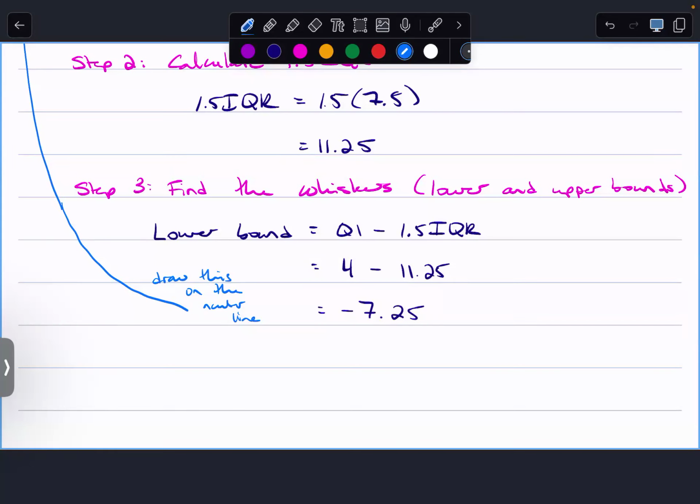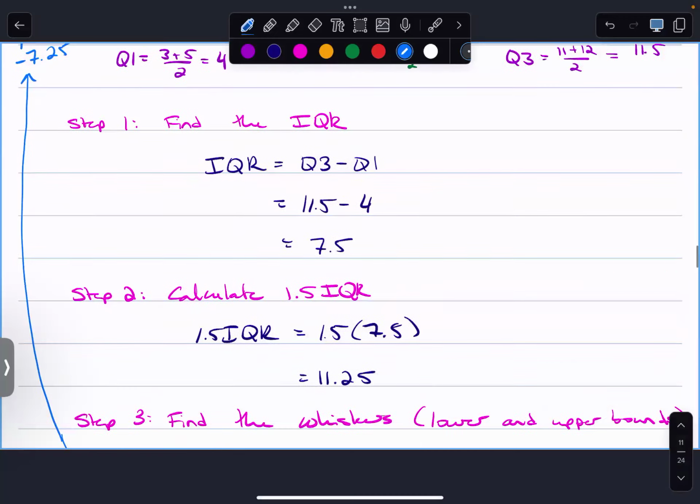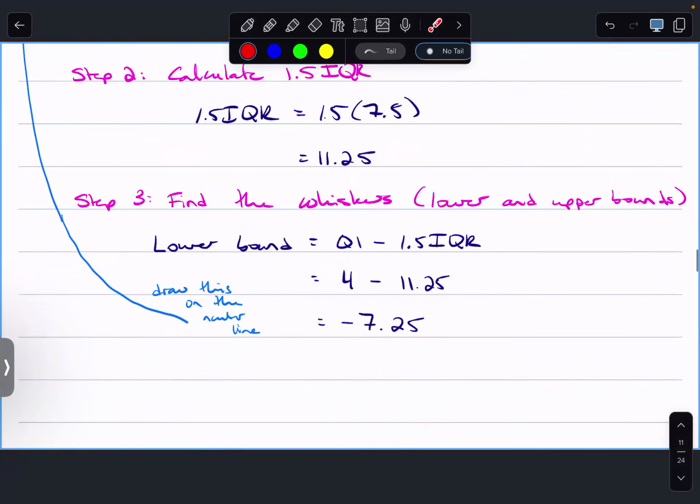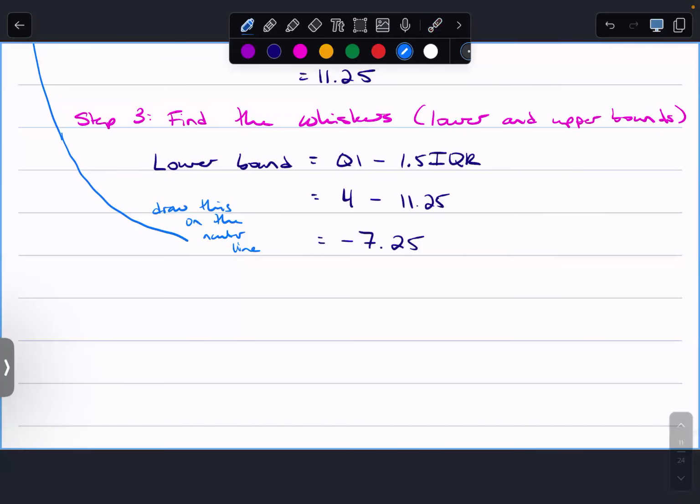That's just to help you visualize that, okay, you can look at the minimum and maximum and know that, okay, I'm safe, right? But just to help you see what's going on. All my data points are within this bound, so there are no outliers on the lower end. Therefore, no outliers on the lower end.